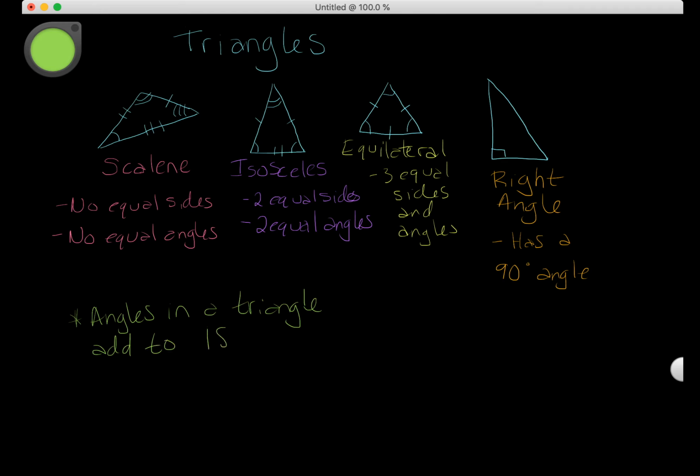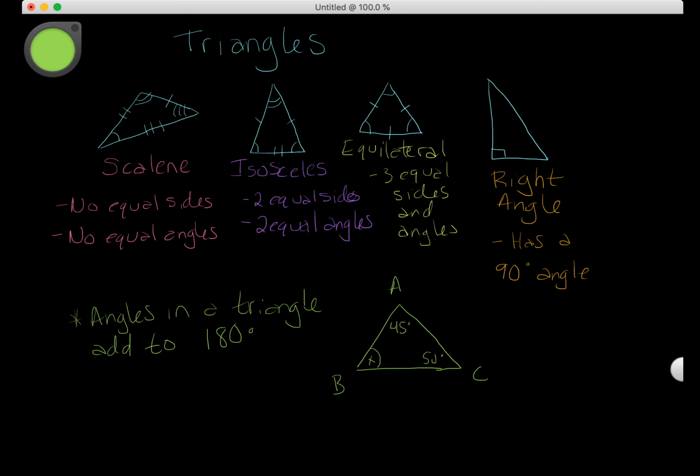So for example, if we have this triangle, and we have angle A, angle B, angle C, and we don't know what this angle is, but it tells us that this one's 45 degrees, and this one is 50 degrees.